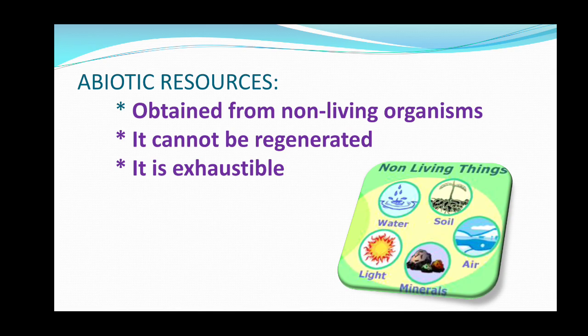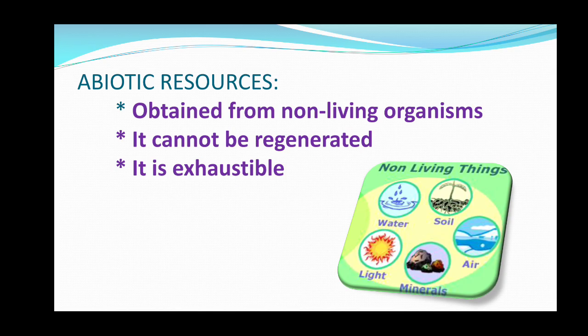For example, gold, iron, copper and silver. We are not making the gold. Humans are not making the gold. So this type of resources is called abiotic resources. They are often referred to as inorganic substances.